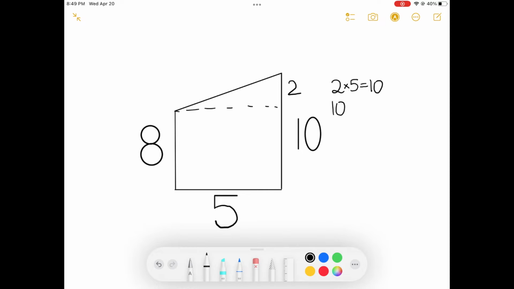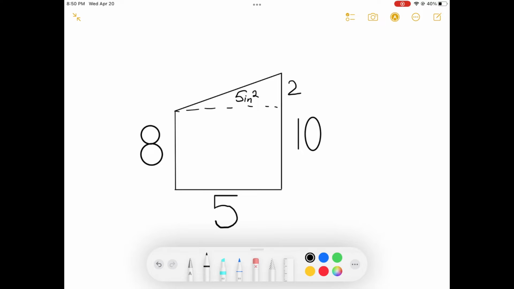Then we do 10 divided by 2, which equals 5. And let's put that in the triangle. 5 inches square.